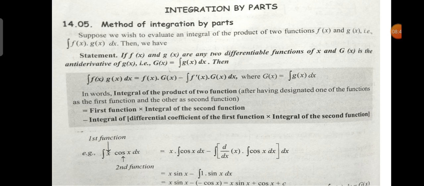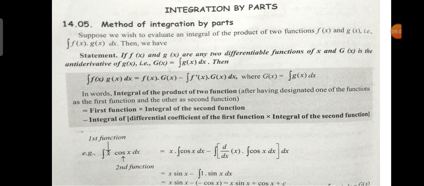And then next is the method of integration by parts. This is also a very important method. For this, you have two functions: if f of x and g of x are any two differentiable functions of x, and capital G of x is the antiderivative of small g of x, that is, capital G of x is equal to the integral of g of x dx.